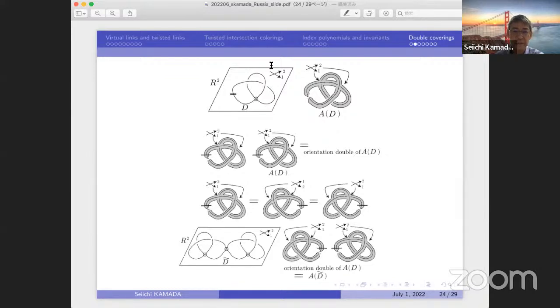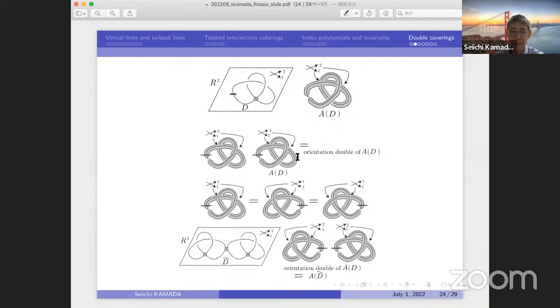But from the definition, this is obtained from this. From a twisted link diagram, we associate an abstract link diagram. And the orientation double covering is like this, two copies of this one. We cut along this thick arc, and identify the bottom of this arc with the top of this arc, and the bottom of this arc with the top of this arc.